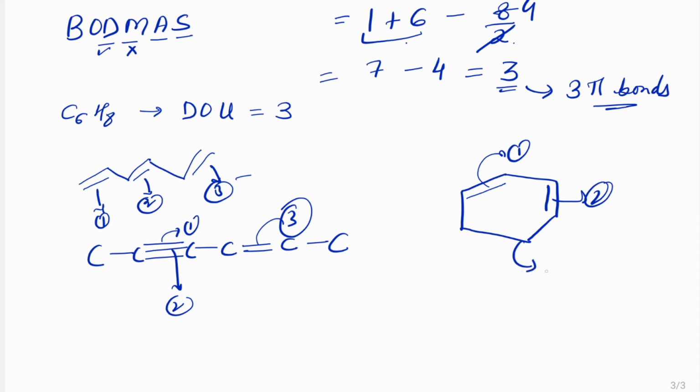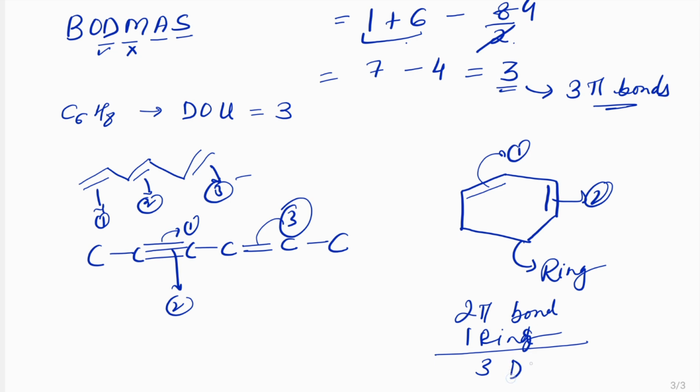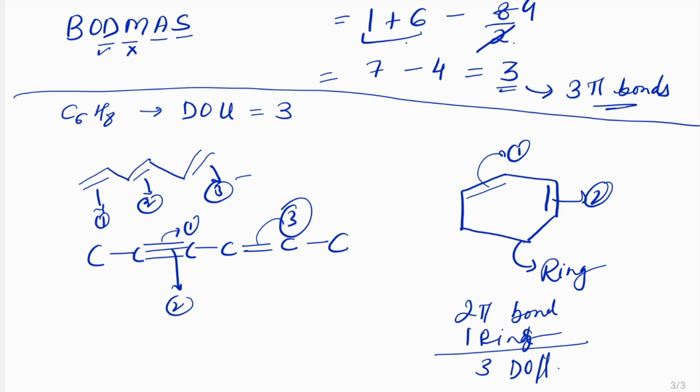So the third one is the ring. So 2 pi bonds and 1 ring, so 3 degrees of unsaturation, right?